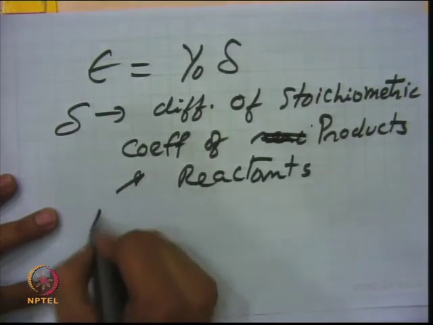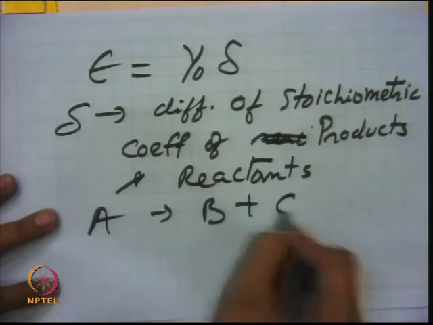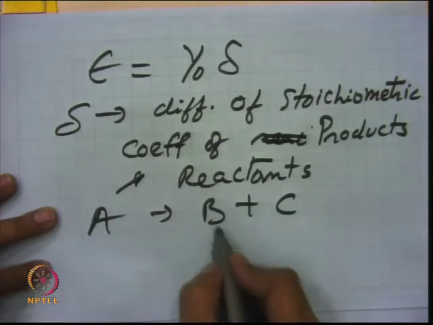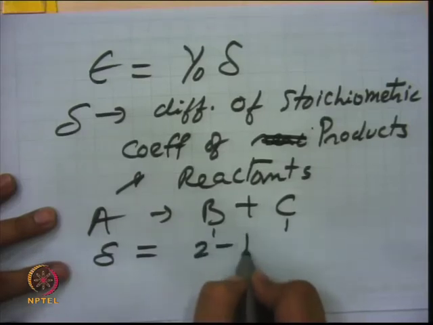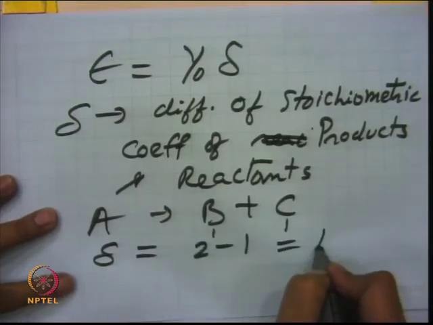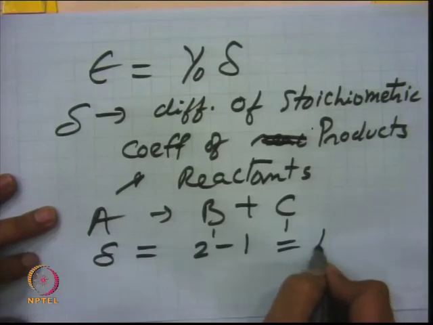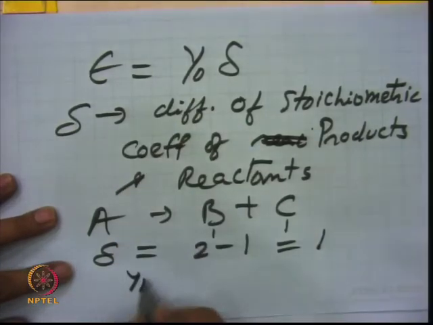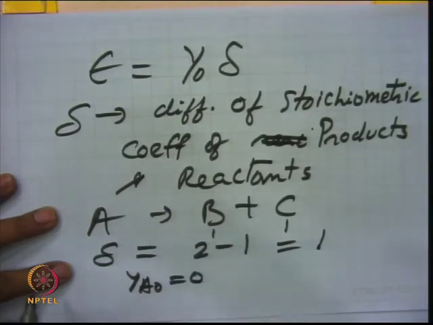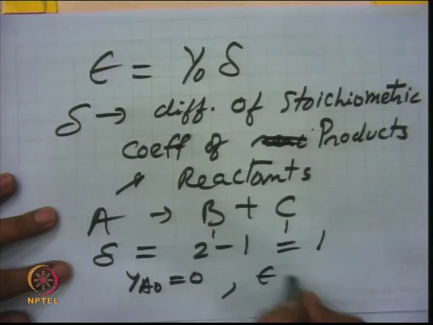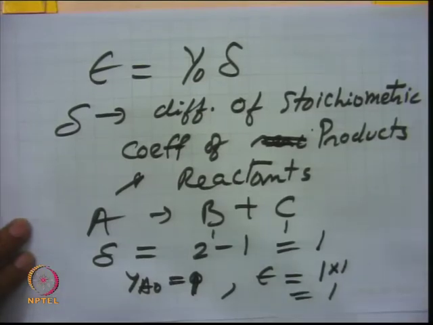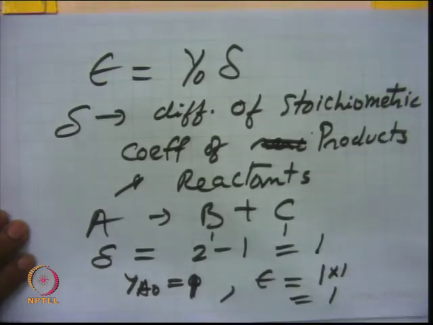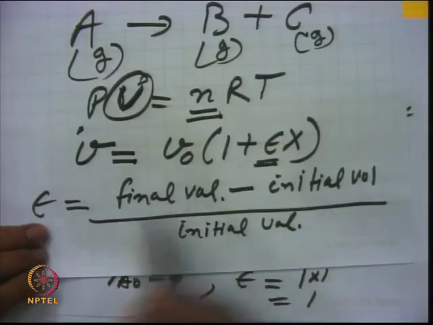In this case suppose A gives you B plus C. So, the stoichiometric coefficients are 1 plus 1 minus 1, so delta in this case is 2 minus 1, that is 1. And if it is pure cumene, your y A0 is 1, mole fraction pure. So, epsilon in this case is 1 into 1. Either you do from this calculation or from this, the result will not change.